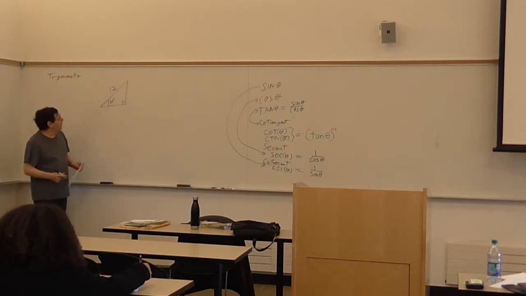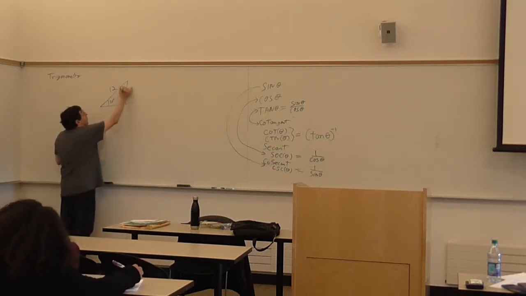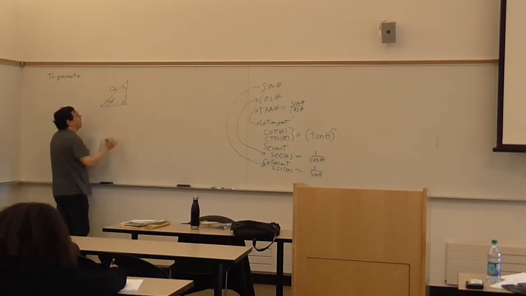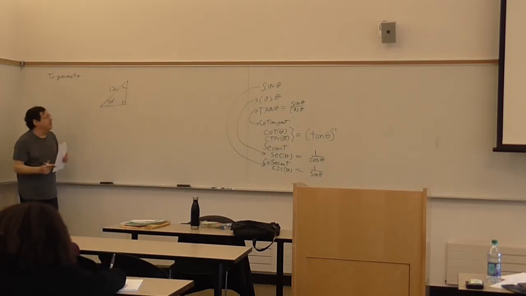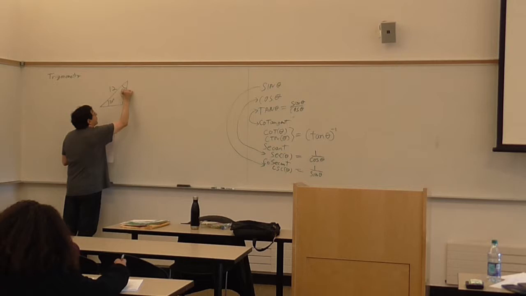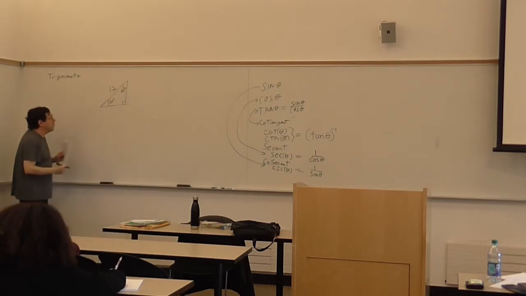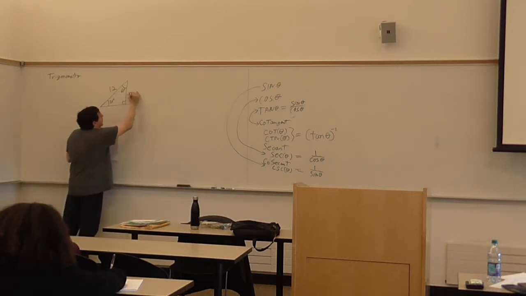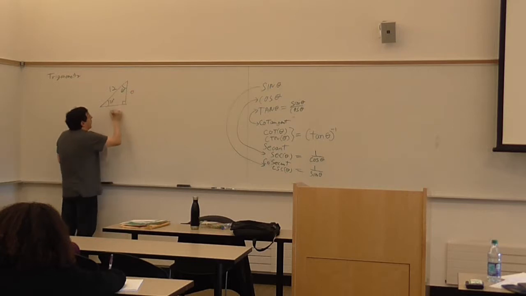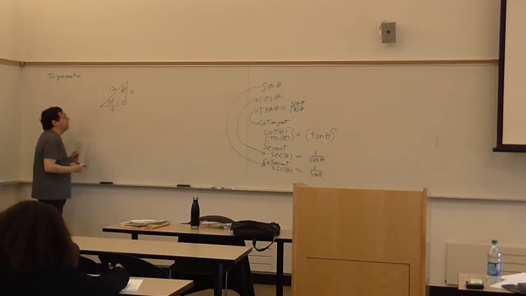So the first part is very easy, since the sum of the angles has to be 180, so I know that this angle is 60 degrees. Now I want to find the opposite side and the adjacent side.